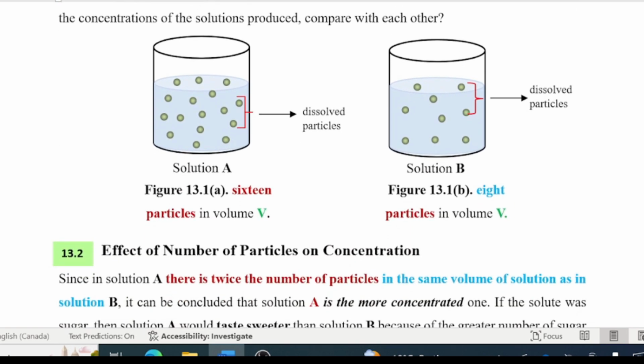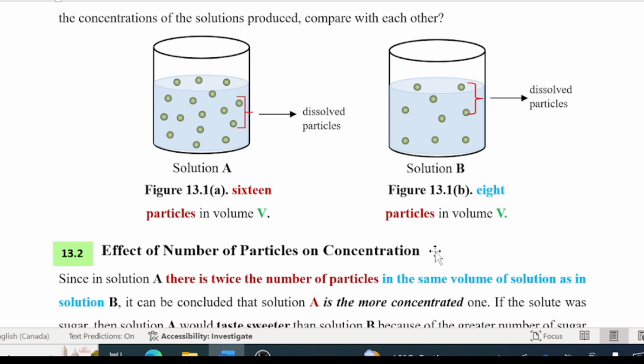So here we're given two different scenarios where you're given two containers with the same volume of water. But in this first one here, you can see we're dissolving 16 particles of a particular solute, and in this one here, you're having 8 particles in the same volume.